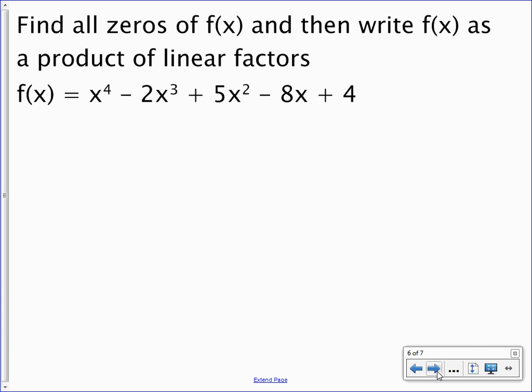So in order to write the factors, we need to find the zeros. Well, the zeros can help us, right? If we can't factor it, which this is a 4th degree polynomial, we want to find some zeros to help us, right? So first of all, how many positive real zeros are we going to have using Descartes' rule of signs?